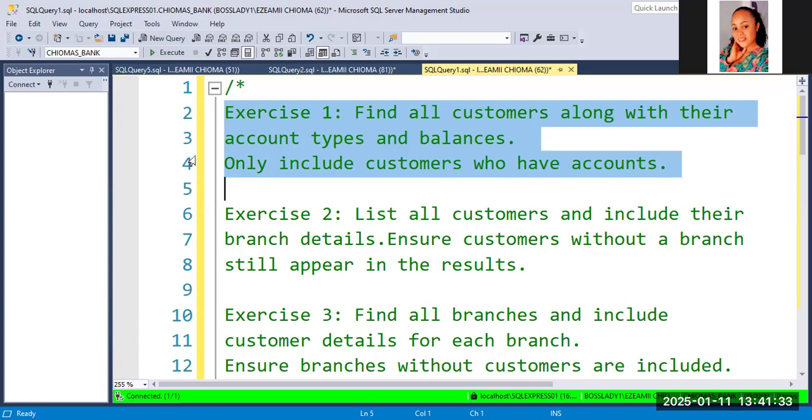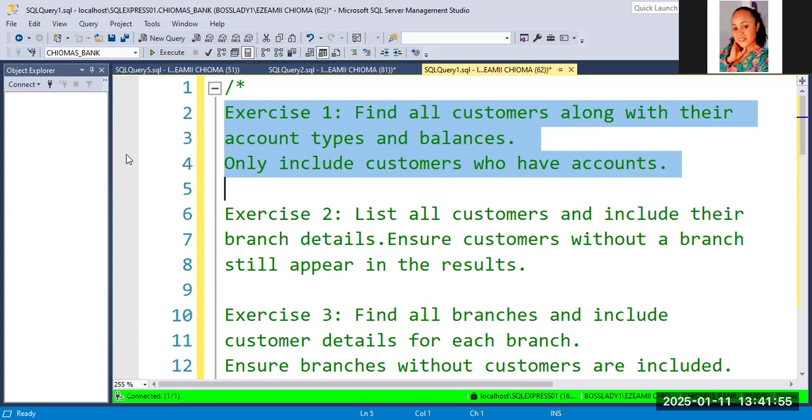All right. If you look at the question, you already know the tables we're going to use. We have our customers table, and we have the accounts table that also contains the account type and balances. So this is already telling us that the tables we want are the customers table and the accounts table, all right?